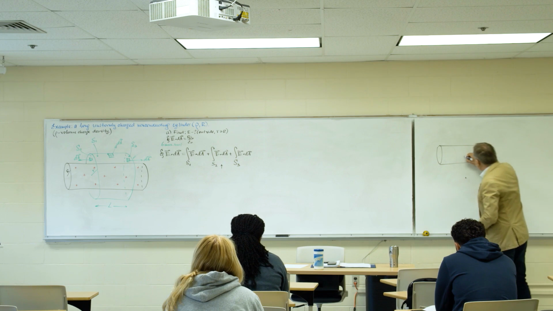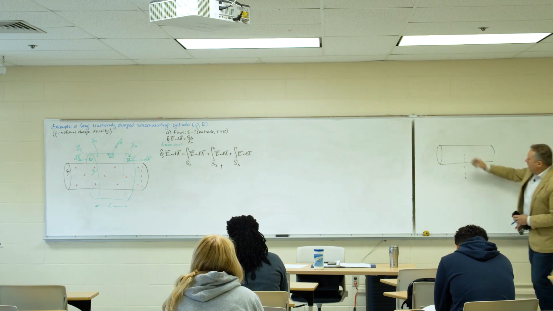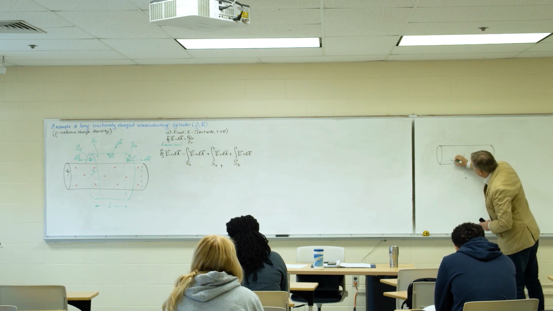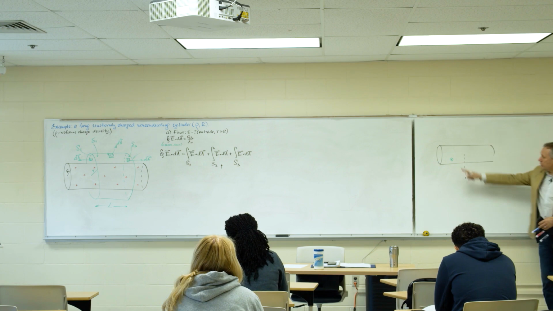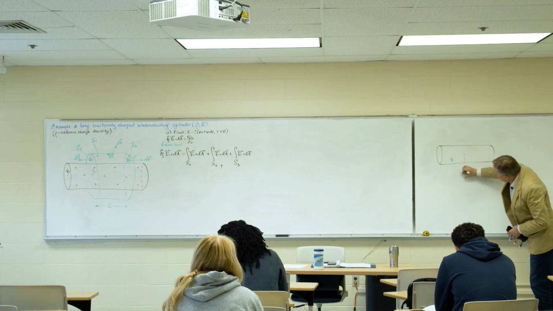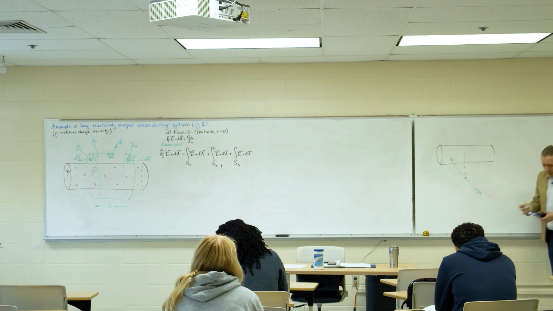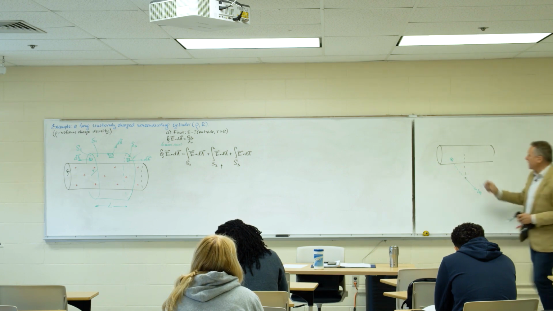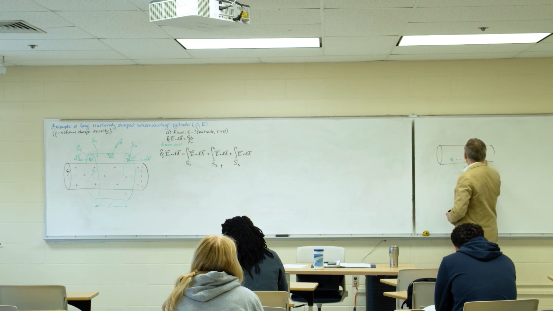Let me draw an auxiliary line. Now I can take, for example, here a small point charge. The contribution from that point charge to the net electric field at this point will be this.